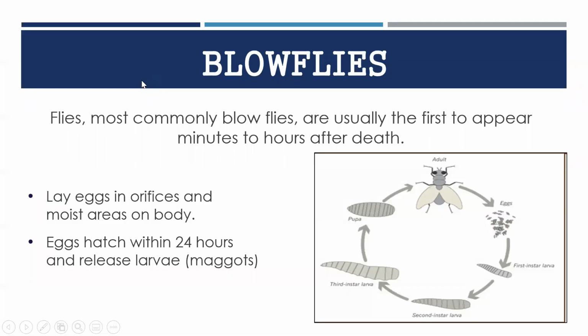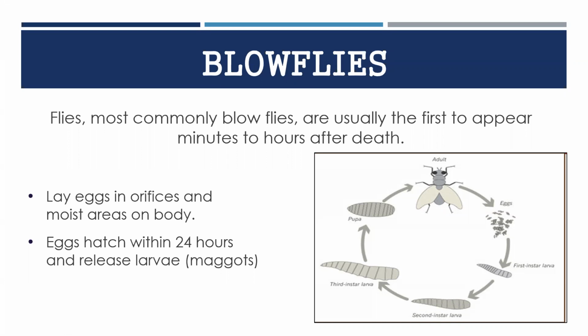Like I said, the blowflies are the most common insect to find at a decomposition site, and they're the easiest to study as well. Usually they appear within the first minutes to hours after death, and then they have a specific life cycle. They like to lay their eggs in the moist and dark areas of the body. So they obviously go to open orifices first, like the eye sockets, mouth, nose, ears.